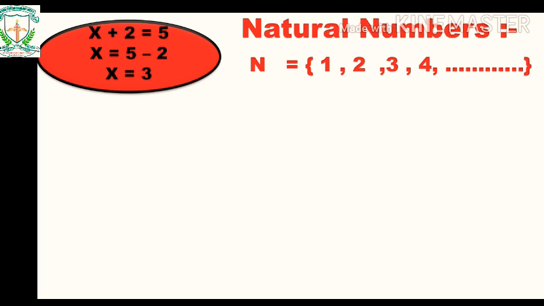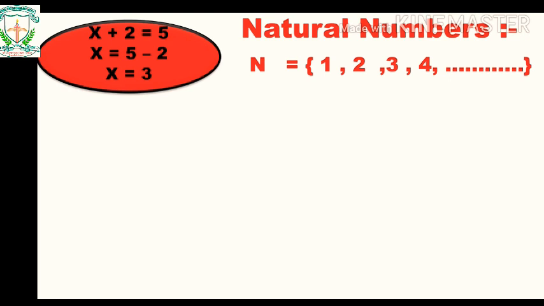For example, N equals 1, 2, 3, 4 till infinity. In this example you can observe 2 is also a natural number, 5 is also a natural number, and the value of x is also a natural number. Natural numbers are denoted by N.